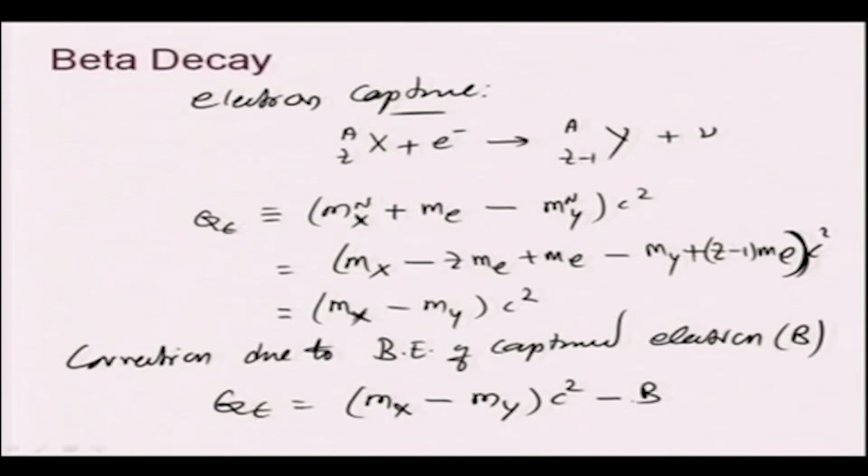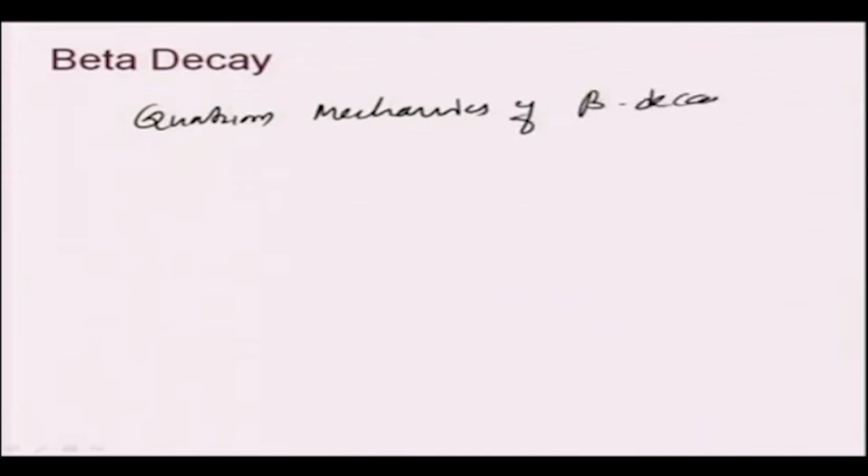Alright, so these are basically the three different types of beta decay and associated processes. And one more thing, there is a question about how this happens or what causes the beta decay. We can ask what the quantum mechanics of beta decay is.